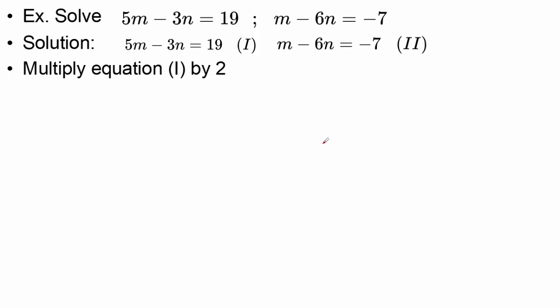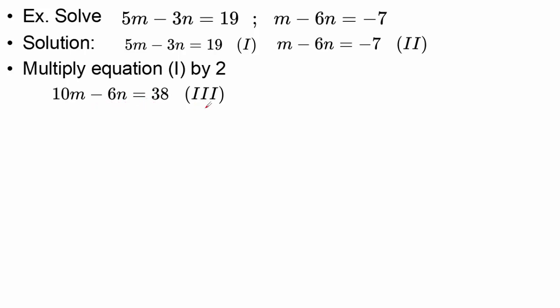Because in the second equation the coefficient of n is 6, and in the first equation the coefficient of n is 3. If we multiply 3 by 2, we will get 6. Hence, we shall multiply equation 1 by 2. We will get 5 into 2, 10m minus 6n, and 19 into 2 equal to 38. Therefore, we will get the equation 10m minus 6n equal to 38.